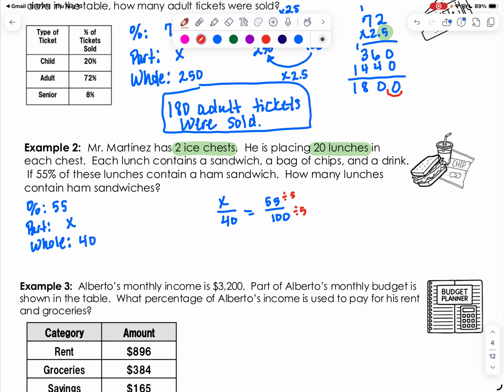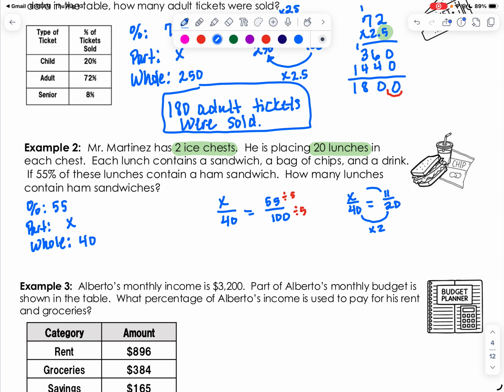I wonder if this will help me have a friendlier number in my fraction. So my new proportion would be x over 40 equals 11 over 20. Oh, now the scale factor is very obvious to me. To get from 20 to 40, all I would have to do is multiply by 2.